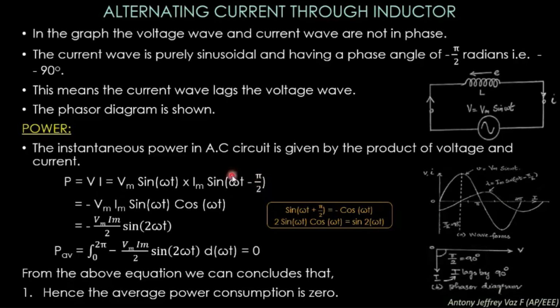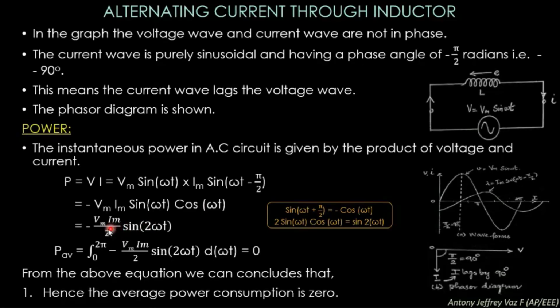So you can convert sine omega t minus pi by 2 into cos omega t. Here is the formula: sine omega t plus pi by 2 is equal to cos omega t, so sine omega t minus 90 degree is equal to minus cos omega t. So you can directly substitute this.